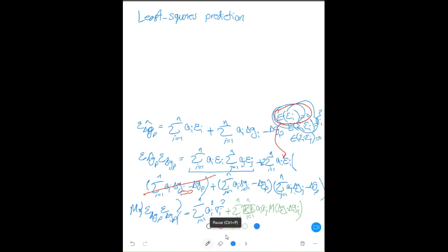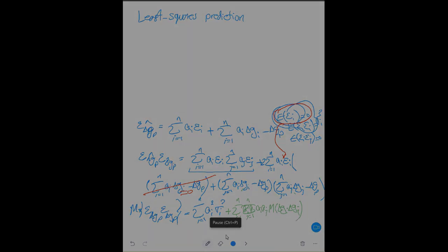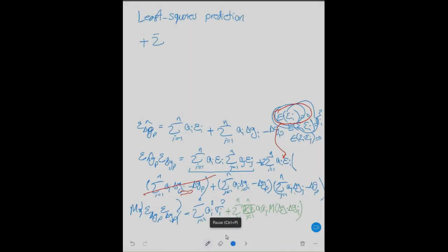Now I continue minus 2 times the summation of a_i times the average of delta G_i delta G_P, plus the average of delta G_P delta G_P.